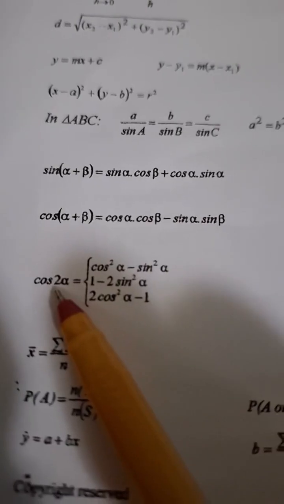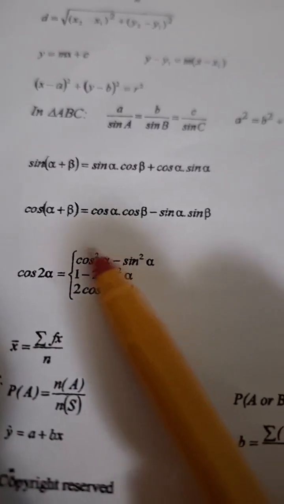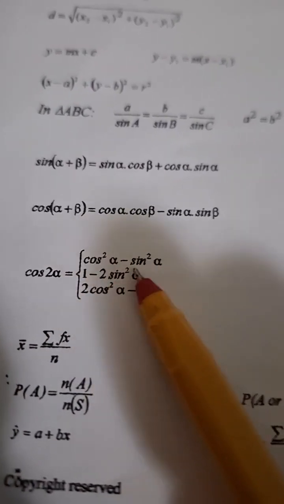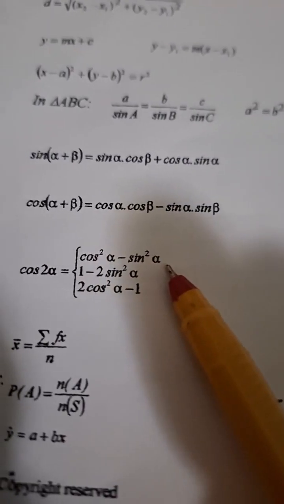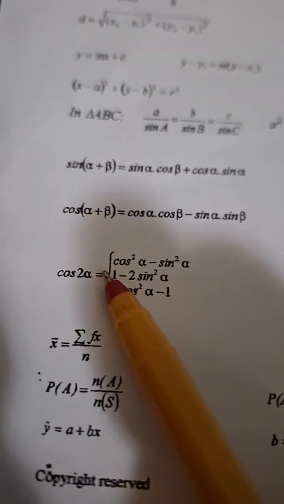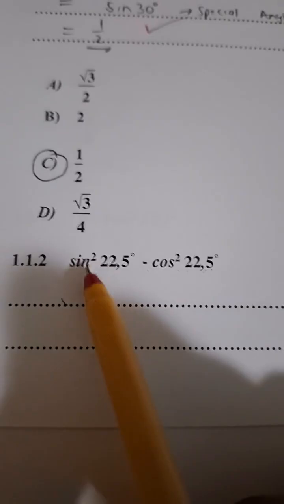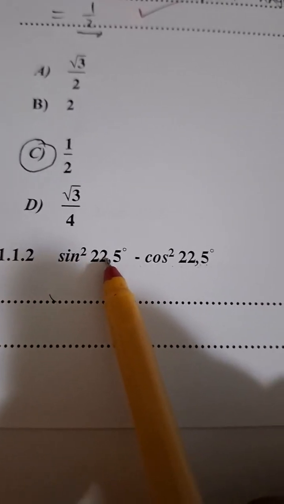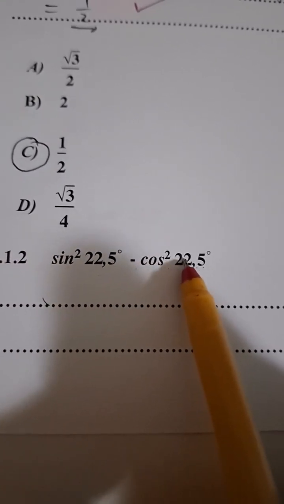Then we go to our formula sheet. In our formula sheet, we have the double angle of cos, and there cos squared alpha minus sine squared alpha should give us cos 2 alpha. But look here, we have sine squared 22,5 minus cos squared 22,5.